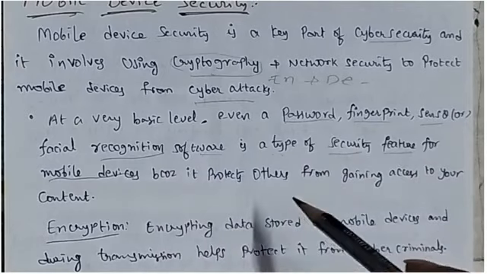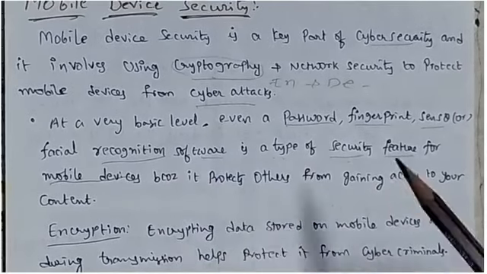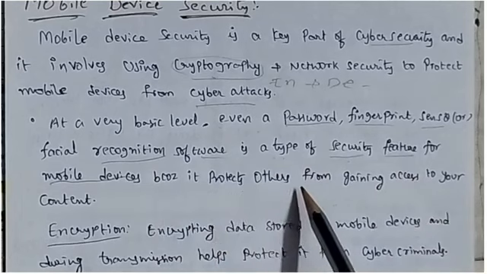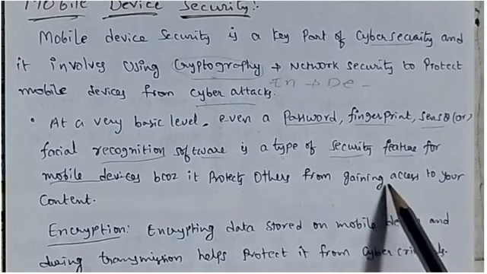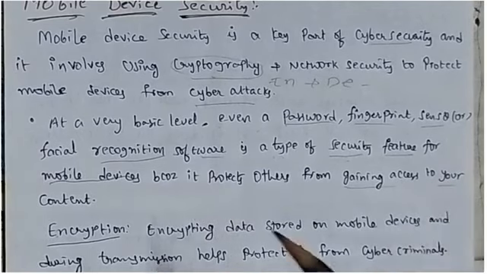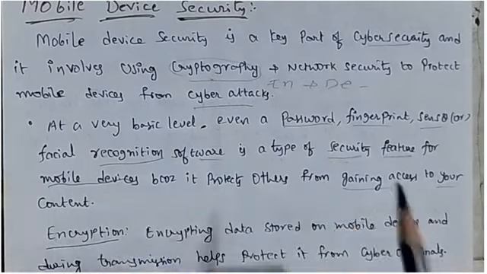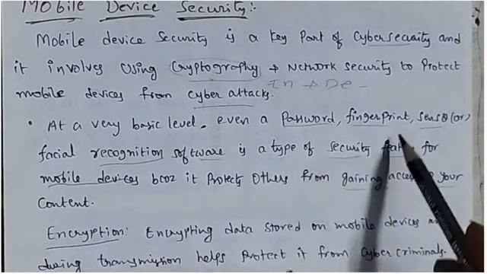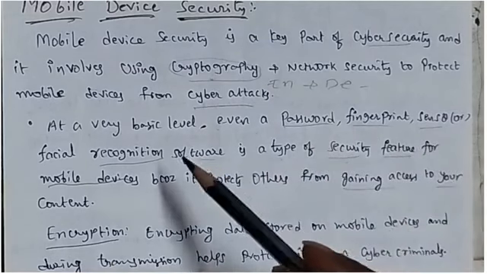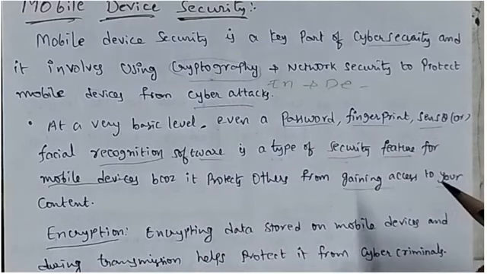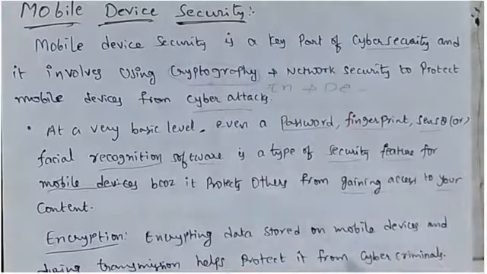These are the major security of the mobile, because they protect others from gaining access to or using our content in the mobile. If you have more security like fingerprint, passwords, sensors or facial recognition, we can provide security for our mobile devices.